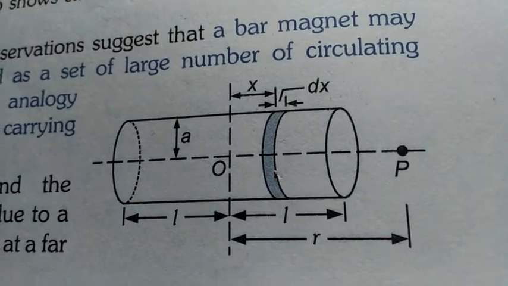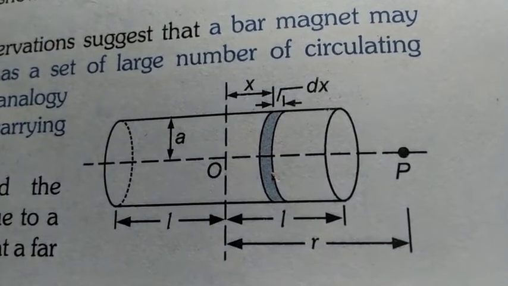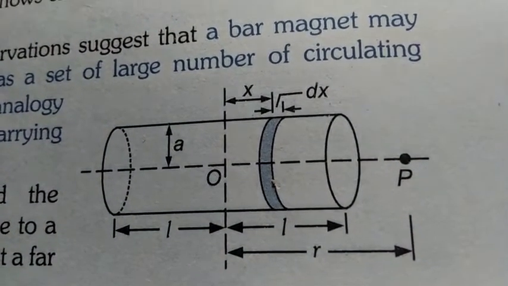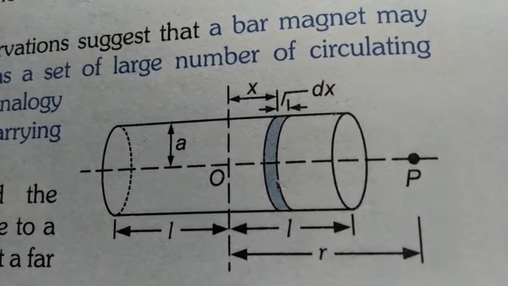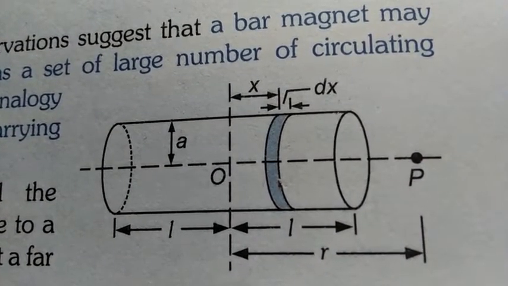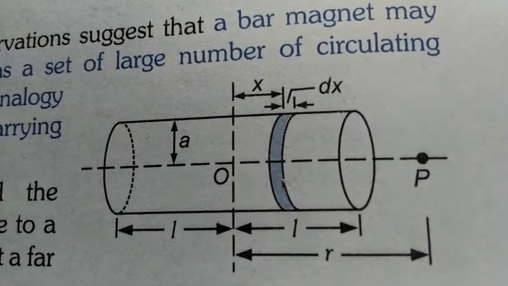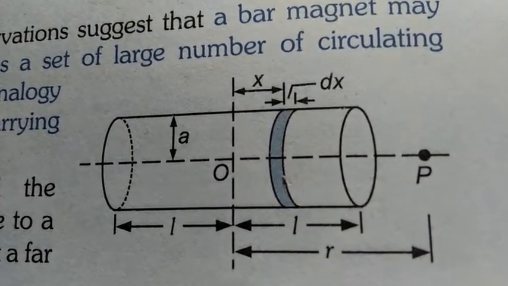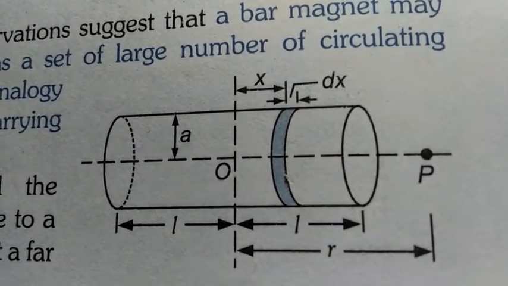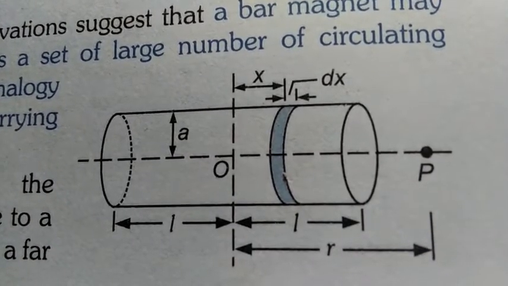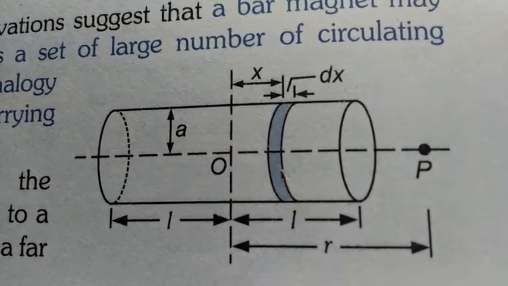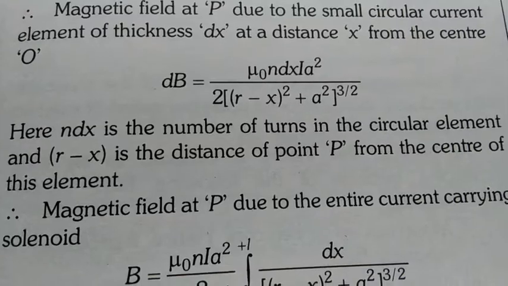We take one small element of length dx at a distance x from the center O, and find the magnetic field due to this small element at point P. After that, we will integrate it over the whole solenoid.